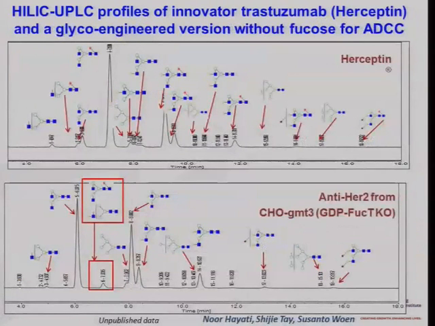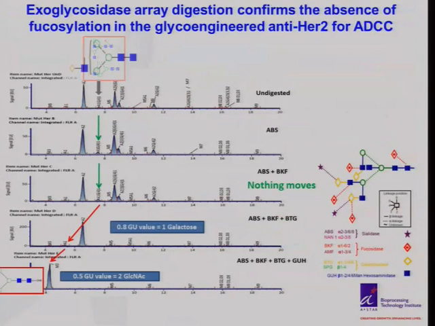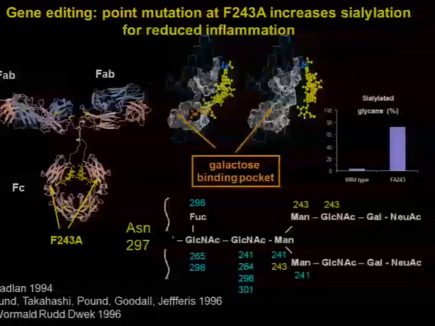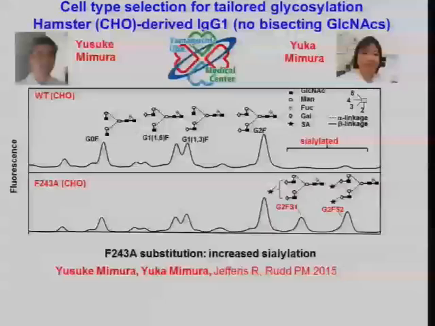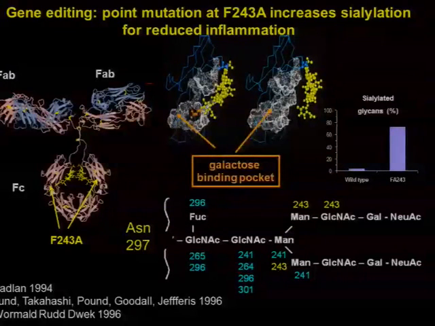And if you do the glycosylation analysis of these cell lines, you can see here that the fucose has been removed by using this glycoengineered version. So another way of gene editing is to just make single point mutations.